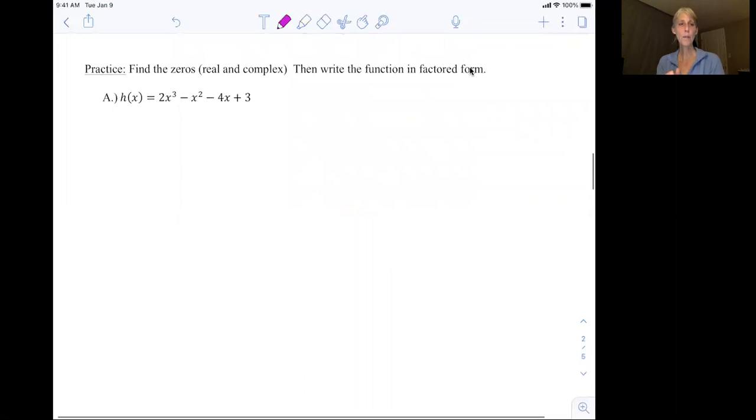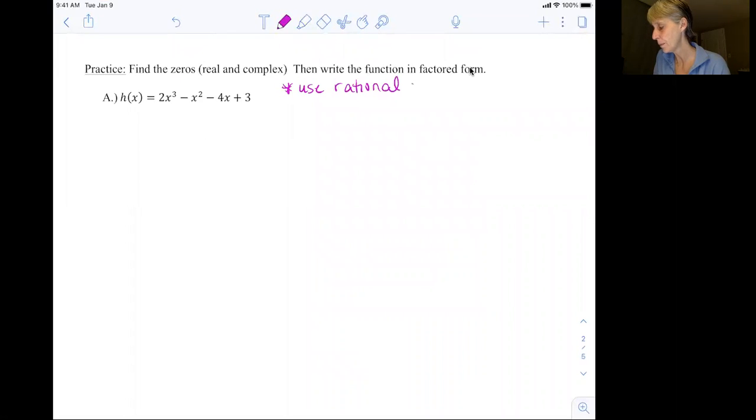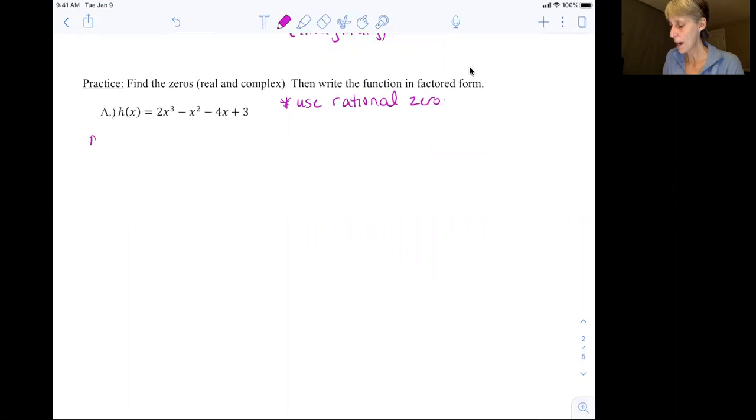So we're going to work through a couple of examples together. I'm going to go a little bit quicker here. For this one example, I am going to use the rational zero theorem one more time. I am going to make a list. The first thing we want to do: our maximum number of zeros we should find is 3, because that's the degree of the function.